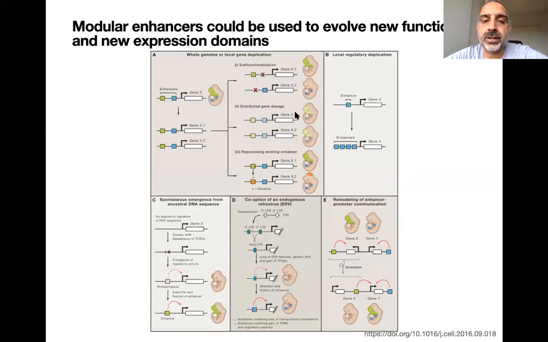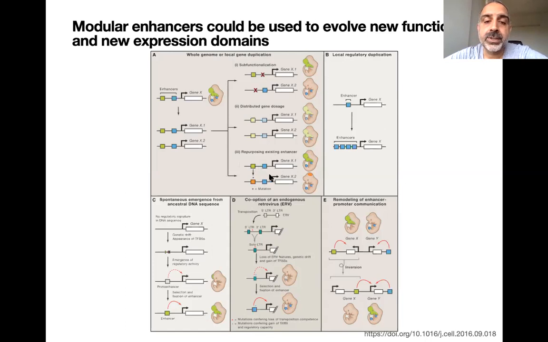Here another concept is of distributed gene dosage, where now these enhancers are less strong, but because there are now two genes, they both need to be expressed in both the face and the limb. And here is probably one of the nicest ways to think about it, which is neo-functionalization, which is giving new functions to a particular gene, because now gene X is duplicated to X.1 and X.2.